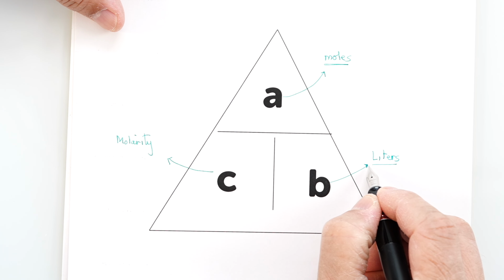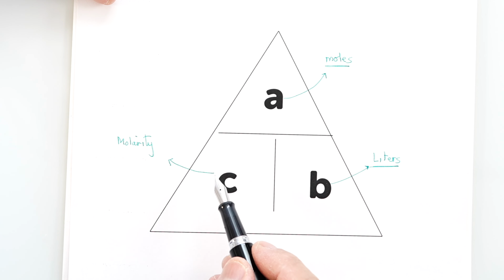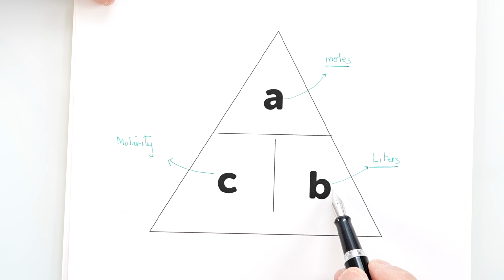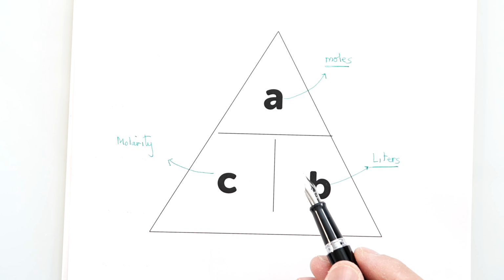And it's important, this cannot be in milliliters, it must be in liters. So C represents molarity, A represents moles, B represents liters. And this setup I find helps folks calculate the different components of molarity. So this is more from a testing perspective and being able to solve problems.